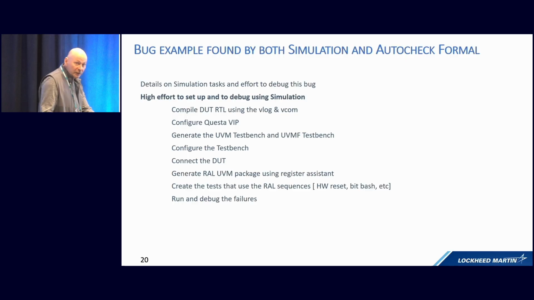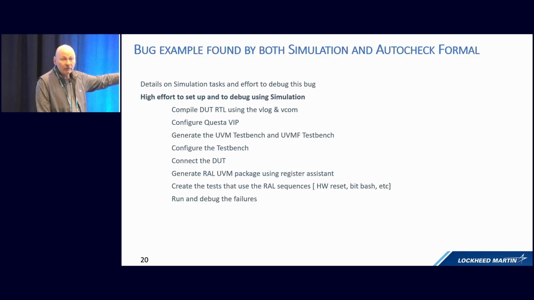I hope I have a few minutes. 2 minutes. So that's the bug example, and I want to compare AutoCheck formal with the simulation. For the simulation, of course, we have to do the vlog and vcom at the beginning, but then I have to configure the Questa VIP, generate the UVM test bench and the UVMF, configure the test bench, connect the DUT, generate the RAL.